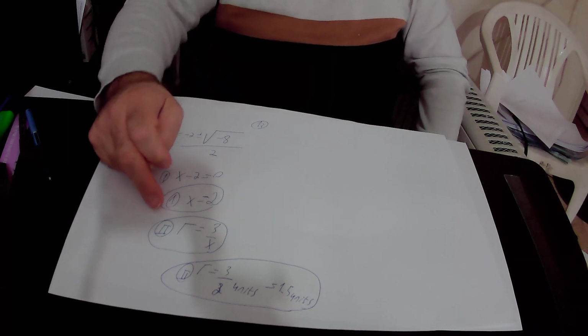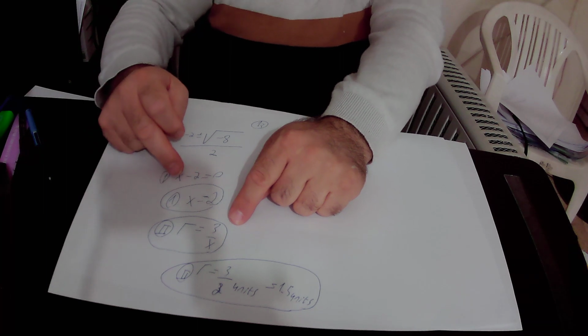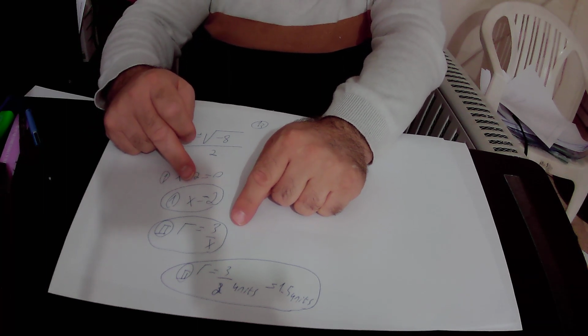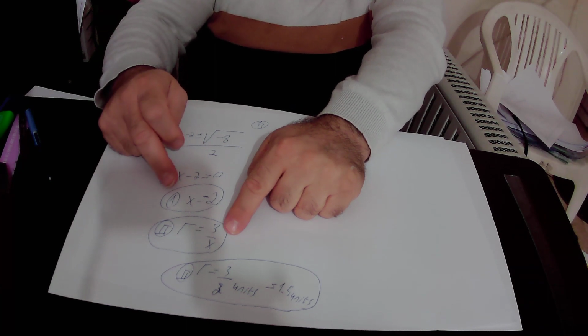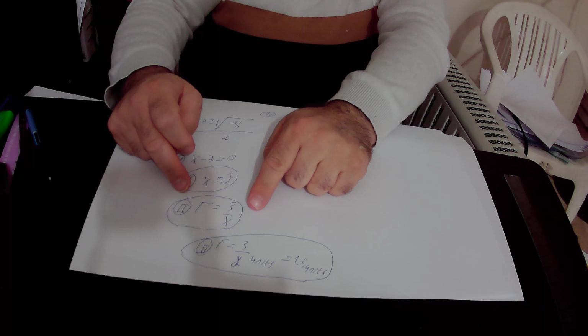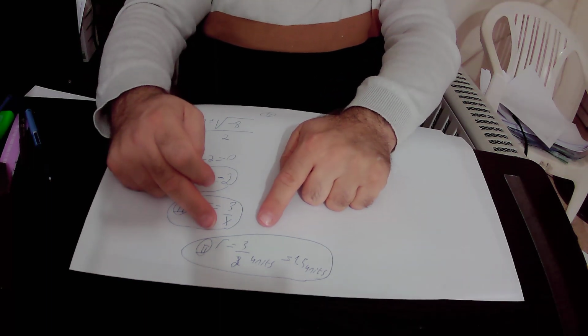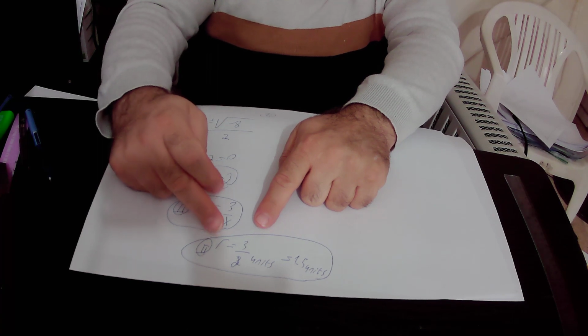And we have already found out that the radius of the semicircle equals to 3 over x. So we can put the value of x inside this equation number 2. And we found out that the radius of the semicircle equals to 3 over 2 units, because x equals to 2.